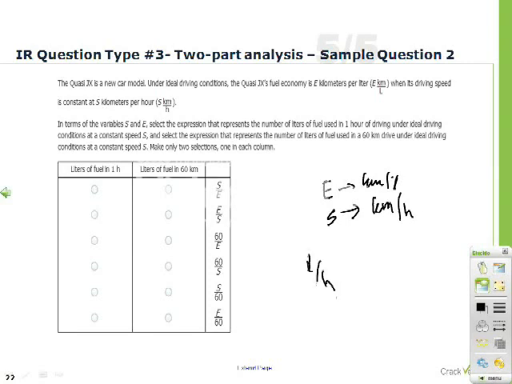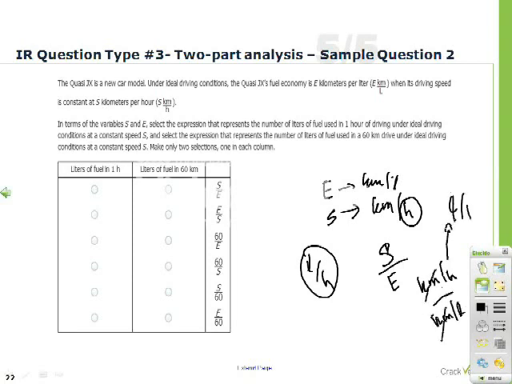So you need to find L by H. So how do you find L by H? L should be in the numerator, H should be in the denominator. H is already in the denominator here, so I will have S in the numerator. If I divide by E, I will get kilometer per hour upon kilometer per liter. Kilometer gets cancelled. I will get liters per hour. Right? S by E is the first option.